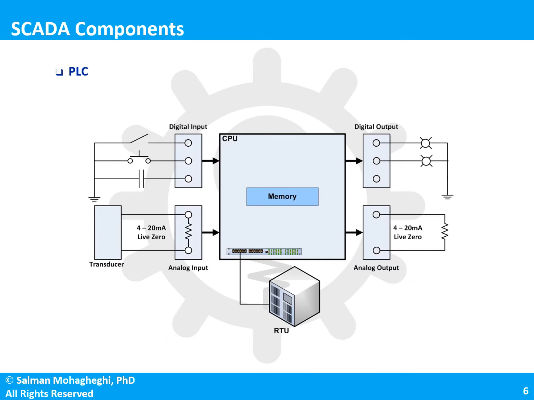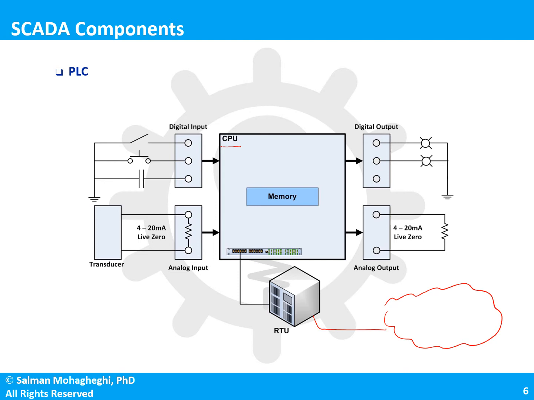Let's take a look at the PLC, the Programmable Logic Controller. As I mentioned earlier, this is an industrial computer that consists of a central processing unit as well as a memory, and it has an interface with the RTU, which itself is the interface of the device to the rest of the communication network. The PLC can receive digital inputs and analog inputs, and can send digital outputs or analog outputs.